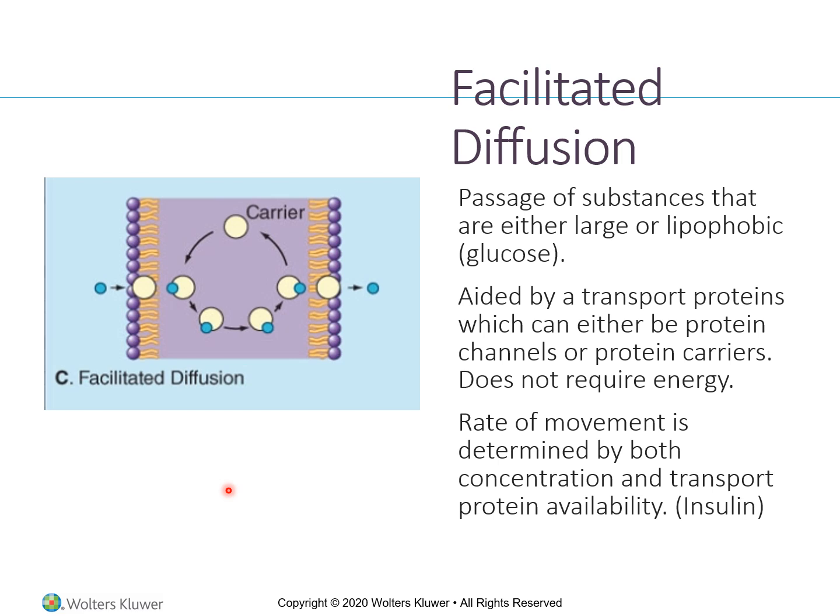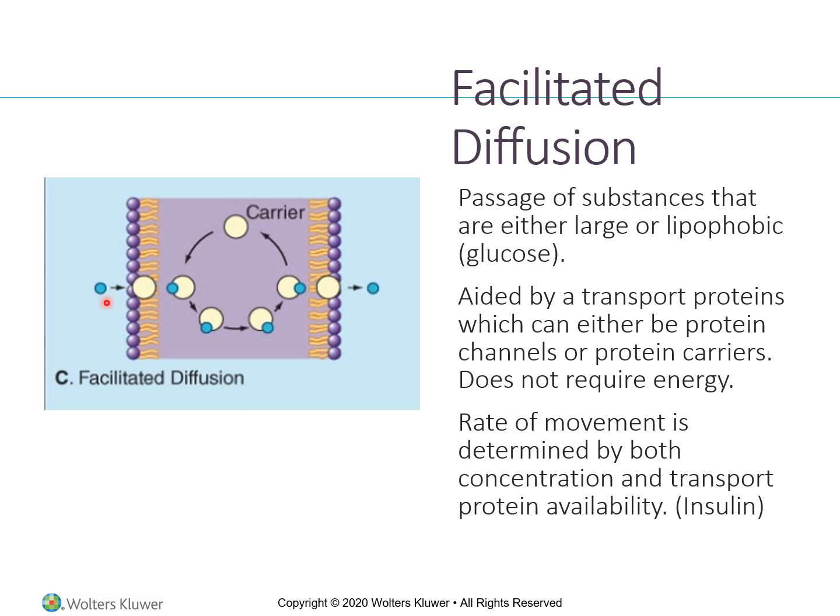That substance, like glucose, needs to be aided in its transport across the cell membrane, typically by a protein. Those proteins can be either a carrier protein, which is what is depicted here, or a protein channel. In this type of facilitated diffusion, we have a carrier protein, okay? Our substance comes along towards the cell membrane.